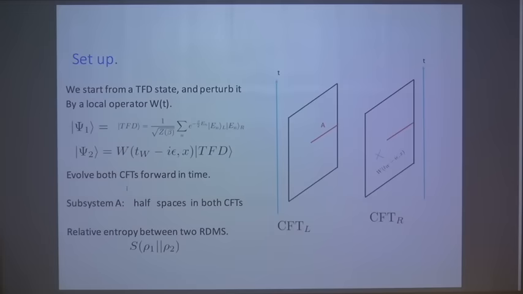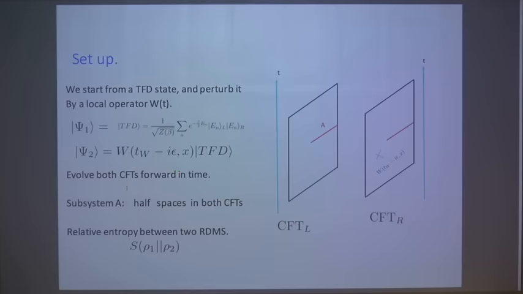The setup of the problem we want to consider is the following. We first prepare two copies of CFT and define the thermofield double state on top of it. And then we perturb this thermofield double state by inserting a local operator on one side of the CFT.